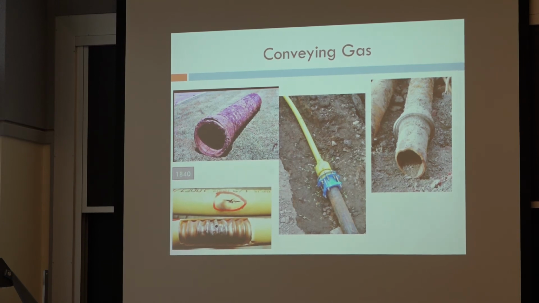I've been down to the training facility of Boston Gas, now National Grid or whoever it is, down in Norwood, and they have examples where they're digging in the ground and find one of these old wooden pipes from the gas lines from the 1800s, or one of the cast iron pipes. I have some pictures of the cast iron pipes somewhere.